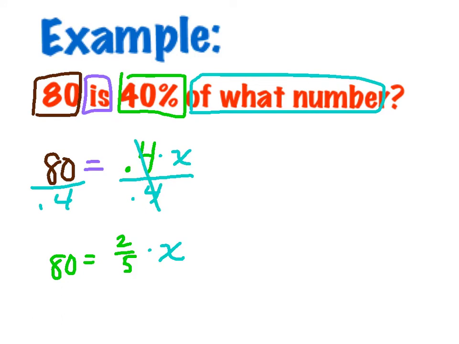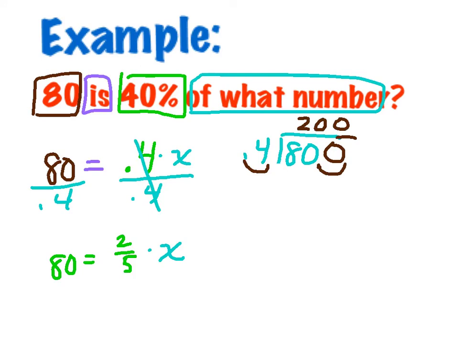So if I set this up, 80 divided by 0.4. Well, if I remember from my decimals, if I have a decimal on the outside, I need to move it over one space, which means I need to do that on the inside. So 800 divided by 4 would be the same thing as 80 divided by 0.4. So I'm going to be left with 200 then. So x will equal 200, which is the answer I was expecting to get.